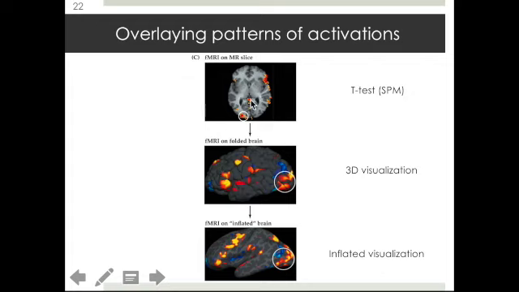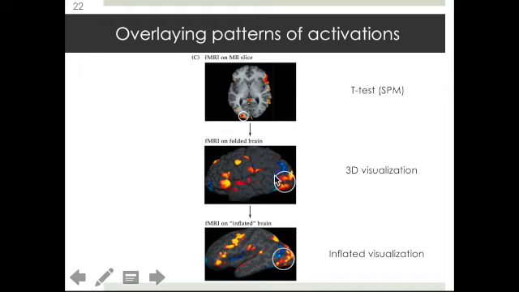Of course, you'll acquire these functional MRI scans at many different slices, so it's a three-dimensional volume of different images, which you can then visualize in a three-dimensional view of the brain, and you can also inflate this visualization. When you do that, you're essentially visualizing the brain with its sulci and gyri as an inflated balloon.